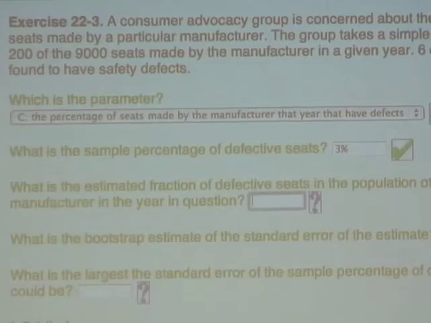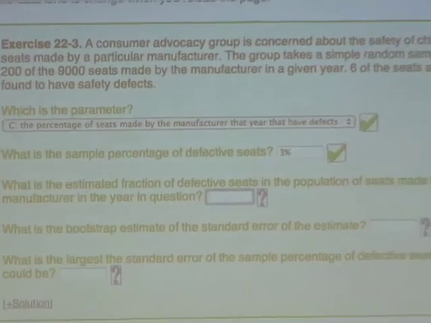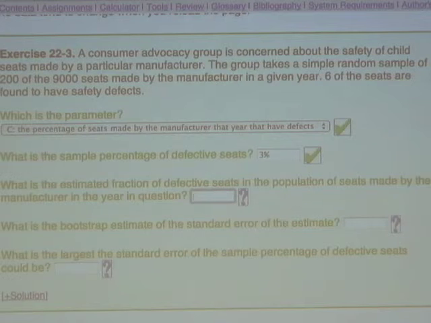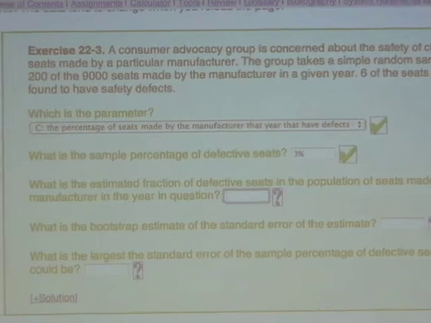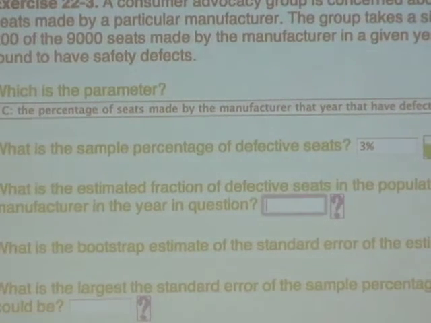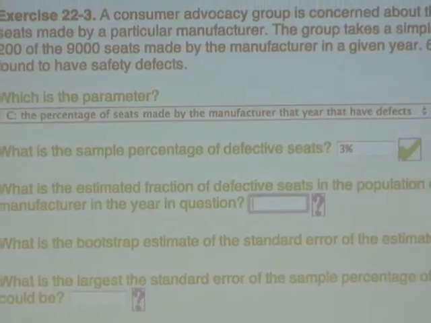What would our estimate be of the fraction of seats that are defective in the population? This is not subtle.